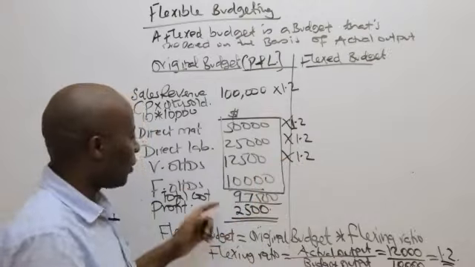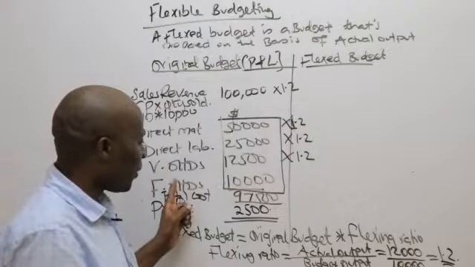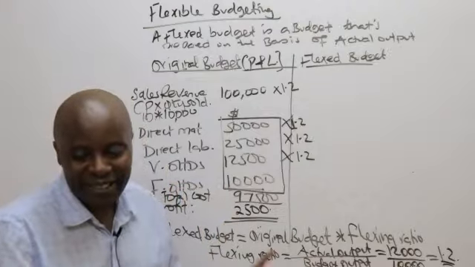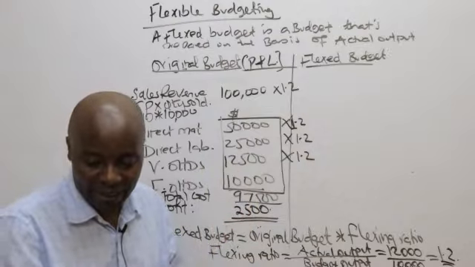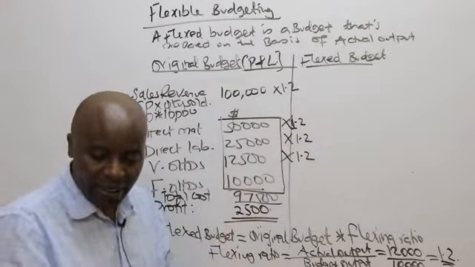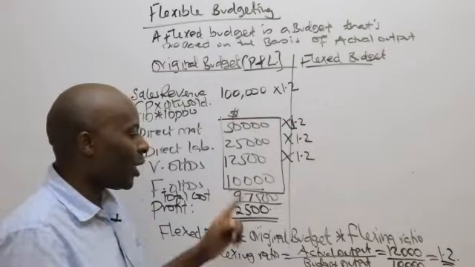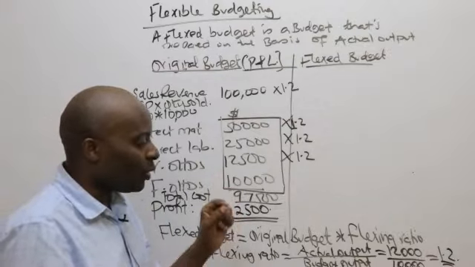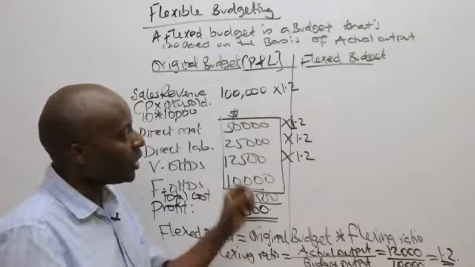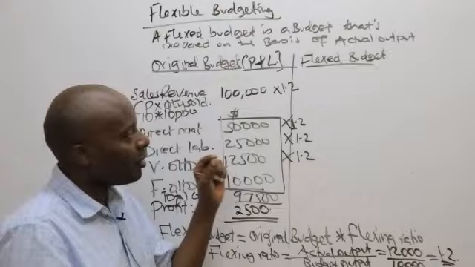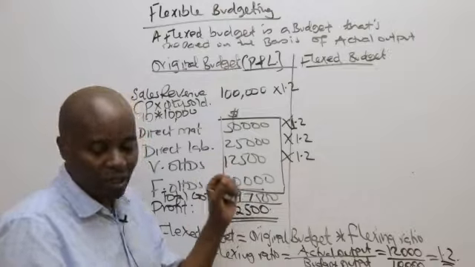And ladies and gentlemen, lastly, we don't flex fixed costs. Fixed expenses are not flexible. If I were you, I would have written these somewhere there in my mother tongue, that we don't flex fixed overheads.